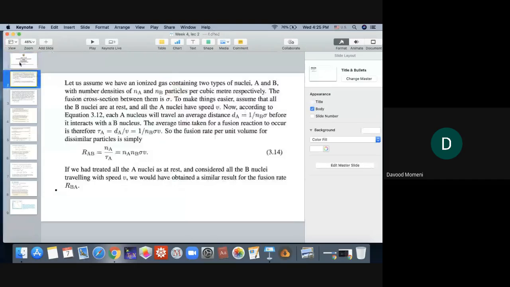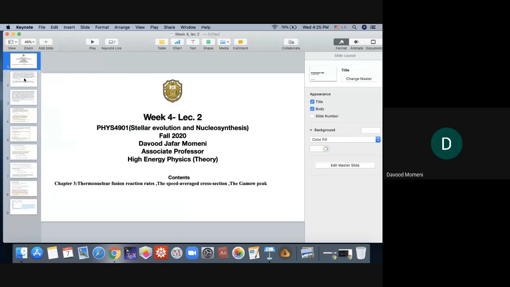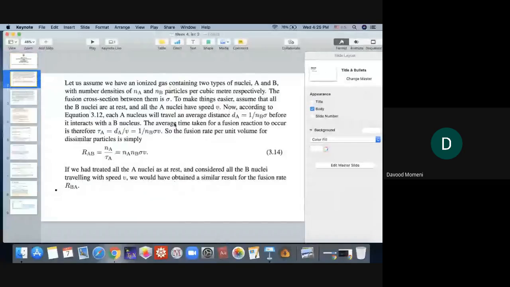So what is the thermonuclear fusion reaction rate? Let me talk about it a little more. We are talking about nuclear reactions. So we have some ionized gas. I mean the gas components are nuclei, and these nuclei can be different.